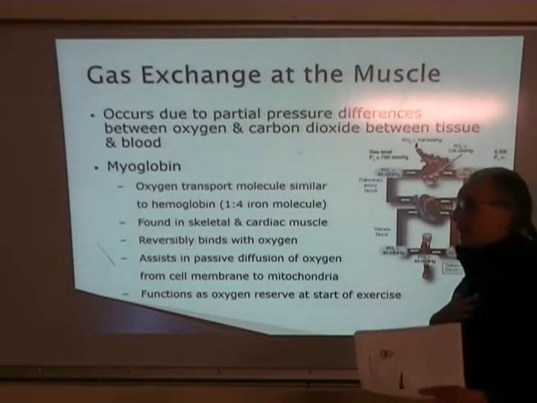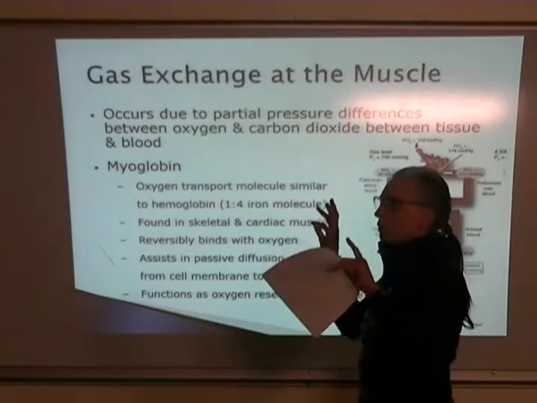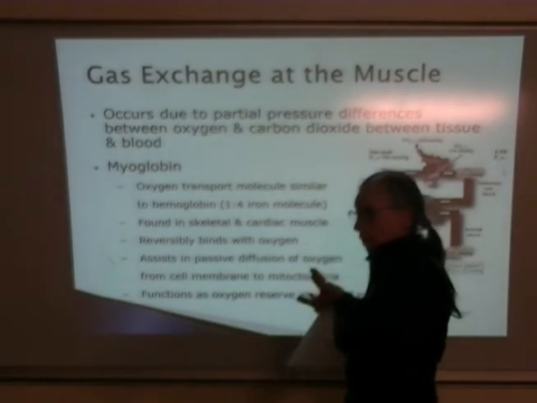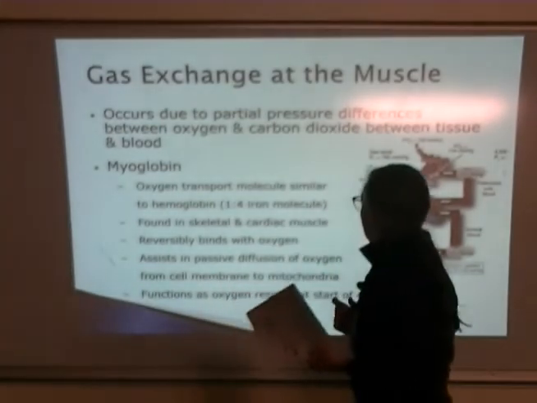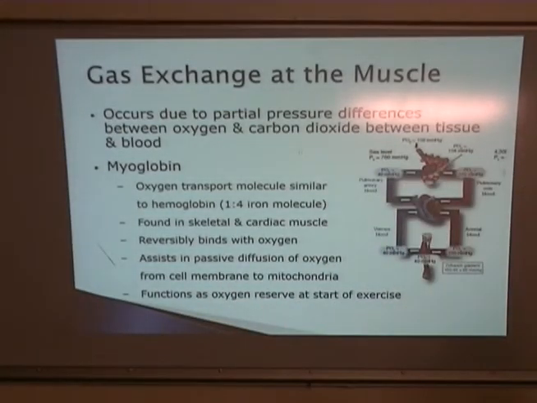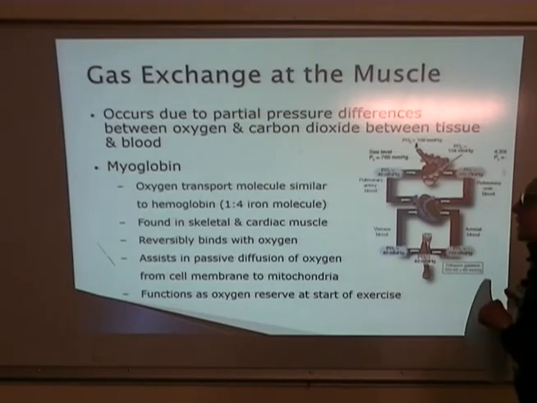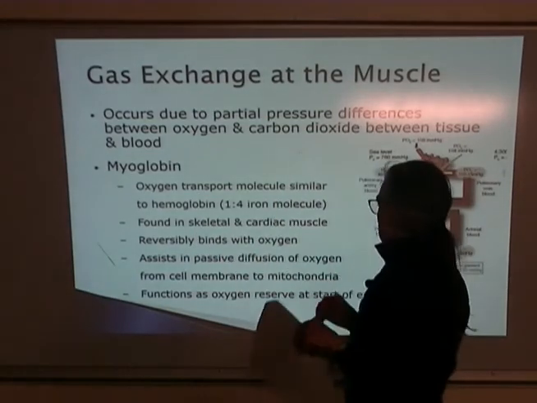It's also in the cardiac muscle, which isn't surprising because remember, cardiac muscle works in a very similar way to a type 1 fiber from an energy standpoint. So it picks up the oxygen. We don't need to worry about how it reversibly binds. Not even sure I could explain it if I studied it. It picks up the oxygen, assists moving the oxygen across the cell, and dumps it at the mitochondria.